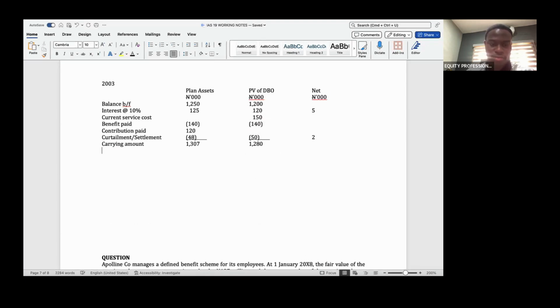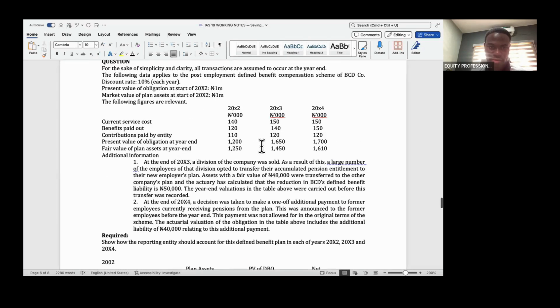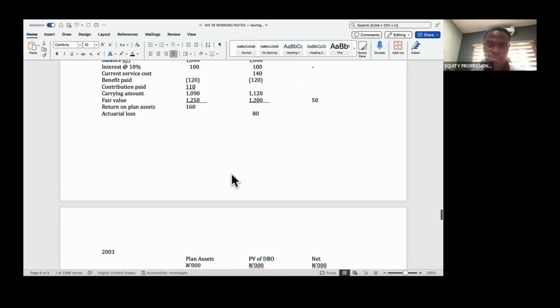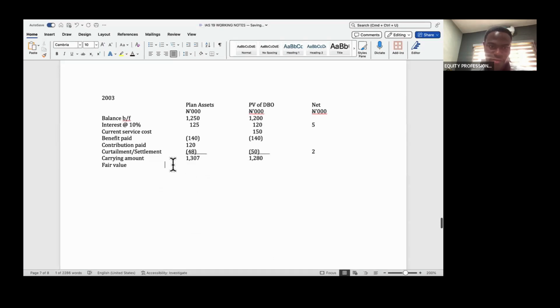How do we get that done? So meaning that the fair value we have for assets is 1,450. That means we need to remove this 48 because they say the transfer has not been removed. So that would leave me at 1,402. The same thing, the obligation, this 1,650, we need to remove this 50 also from this valuation as well.